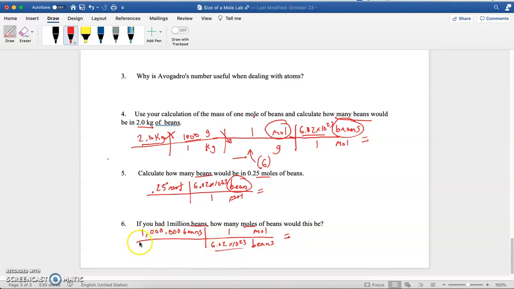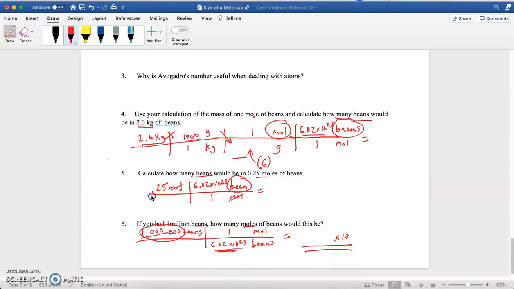Now you might be thinking, oh man, 1 million beans sure is a lot of beans. And you're going to be surprised that you get a super small number. You're going to get like times 10 to the minus 18, if I remember right. So you've got to calculate that out. Even the number 1 million, as big as we think it is, is tiny compared to this. It is a small fraction of a mole, so don't be surprised by that.